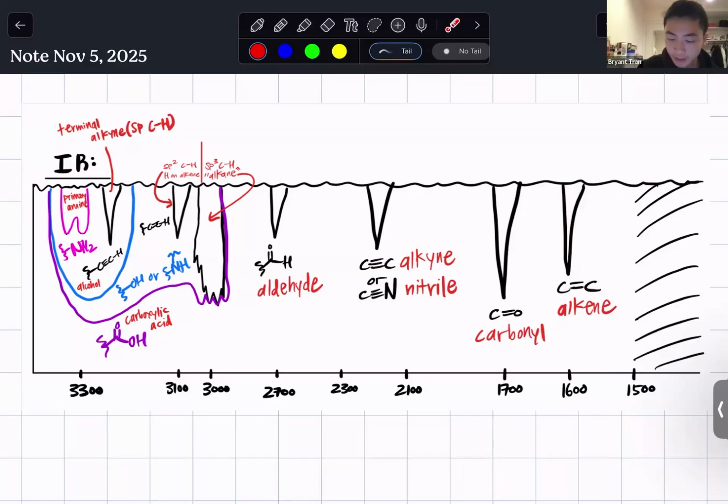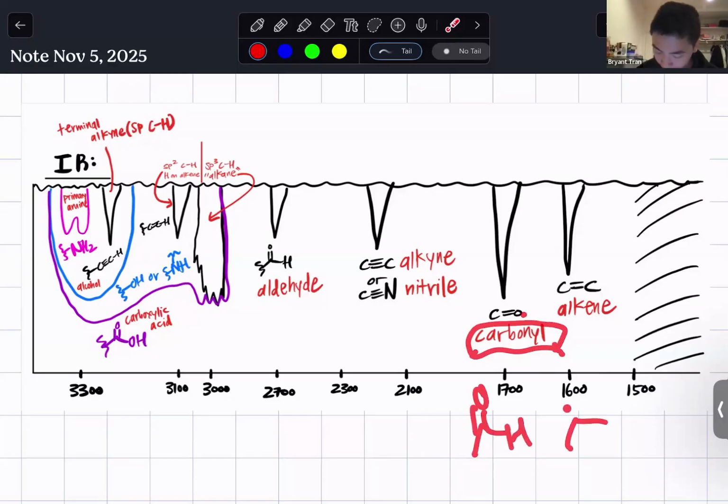If you see a sharp peak at around 1700, which is very close to 1600, that is a carbonyl functional group, right? Which is a carbon double bond oxygen. That's a big umbrella term for many other functional groups. Like it could be an aldehyde, it could be a ketone, it could be any other things too.